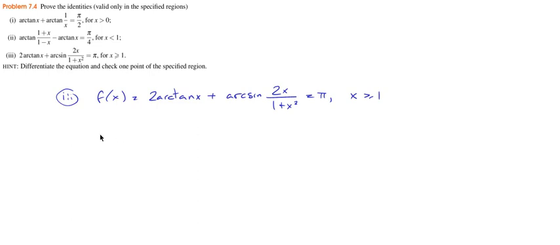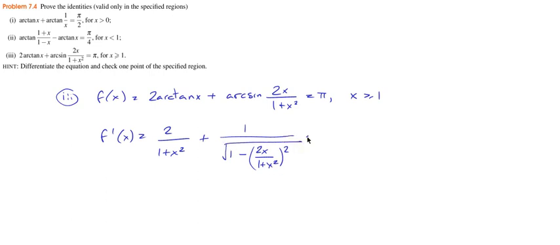Okay, so now let's compute the derivative of this. The derivative of this is 2 times 1 plus x squared, right? And then we have plus the derivative of the arc sine, right, which is 1 divided by the square root of 1 minus this thing squared, 2x divided by 1 plus x squared, right?